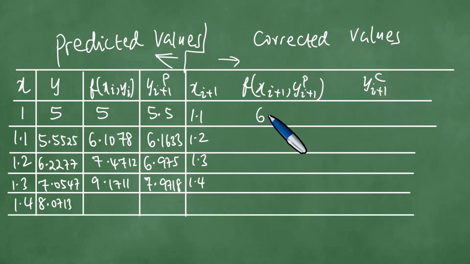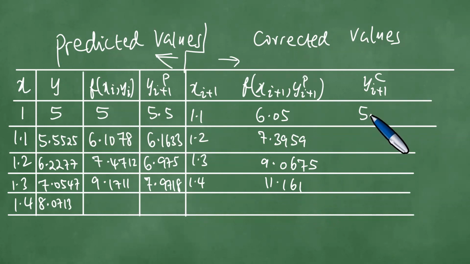So this is 6.05, 7.3959, 9.0675, 11.161. Okay, all these values were obtained before.